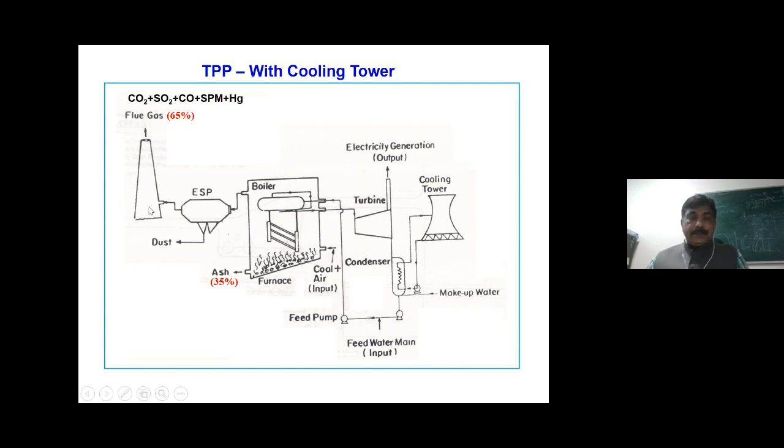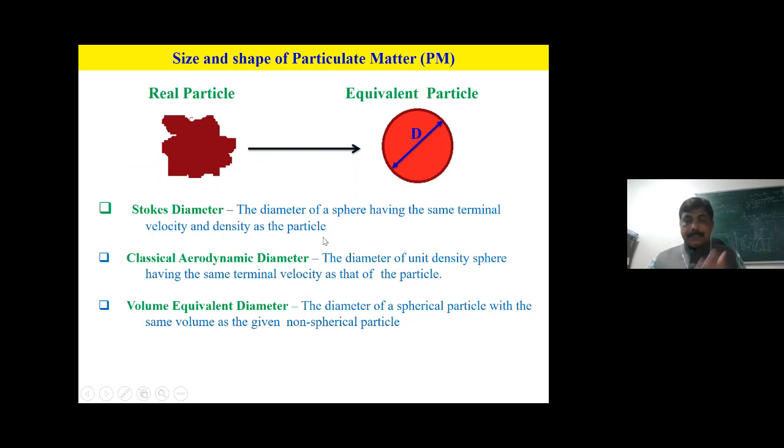Now, what is emitted from here is flue gas, which contains CO2, sulfur dioxide, carbon monoxide, suspended particulate matter, and mercury. Our focus today is on this part, the ESP, electrostatic precipitator, and how it functions. Now, here are certain bookish definitions which I will not cover.